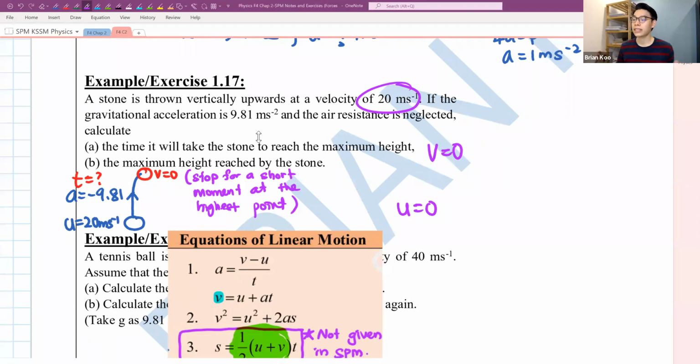Or else that just means that, oh, this thing not moving at all, just stay there. Okay, so we start analyzing from the moment it starts the motion. So the moment the rock is thrown up, immediately I measure the initial velocity, that is the u, and then go up until v equals to 0. Or else you cannot put 20 anywhere else, right?